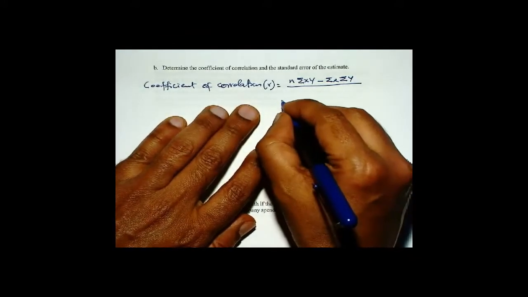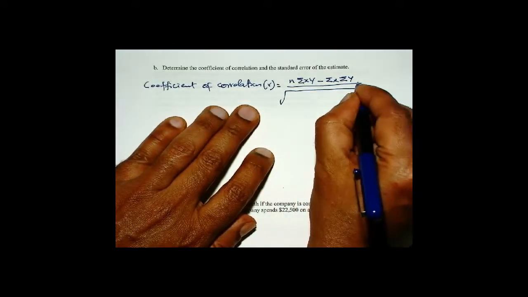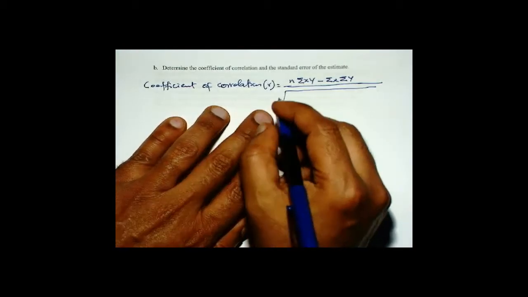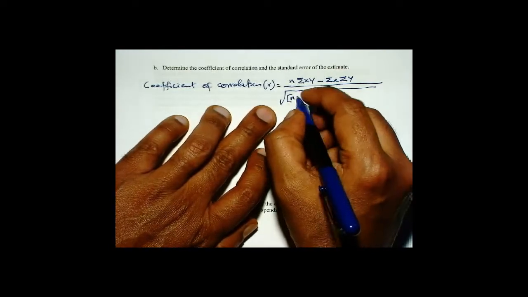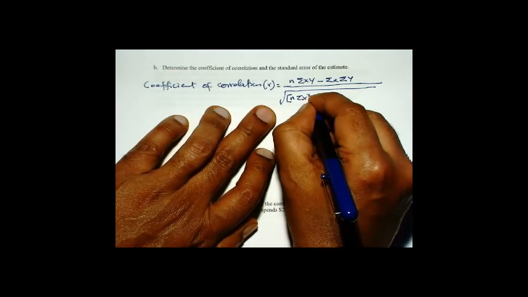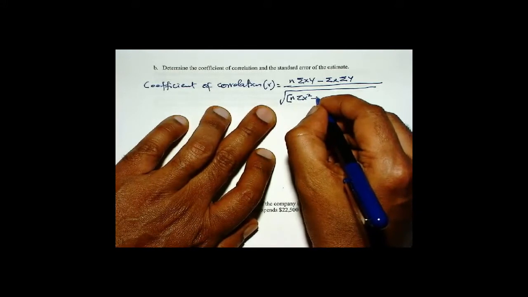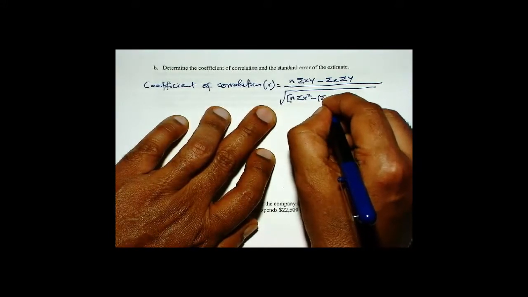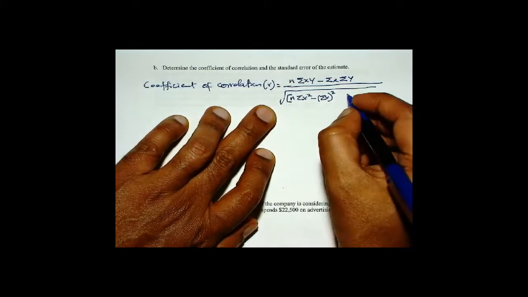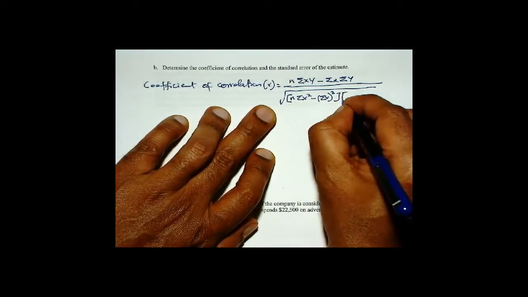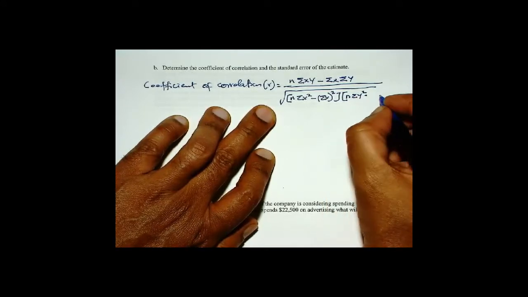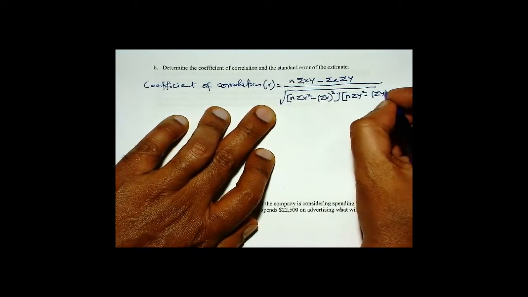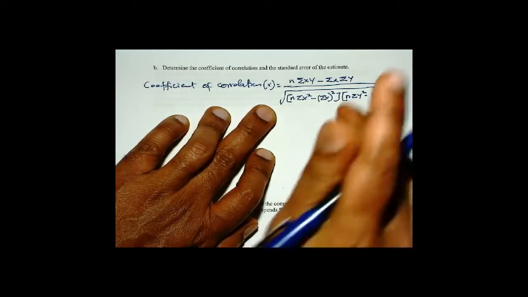In the denominator, it's a square root of two parts: n times sum of x squared minus sum of x, the whole thing squared. So that's the first part, and then you do the same thing for y. That gives us the correlation coefficient.